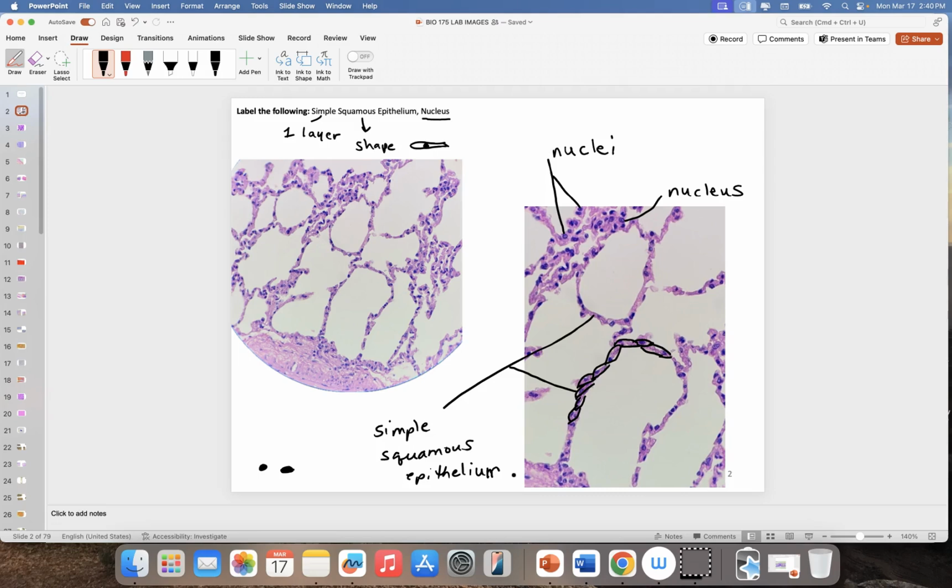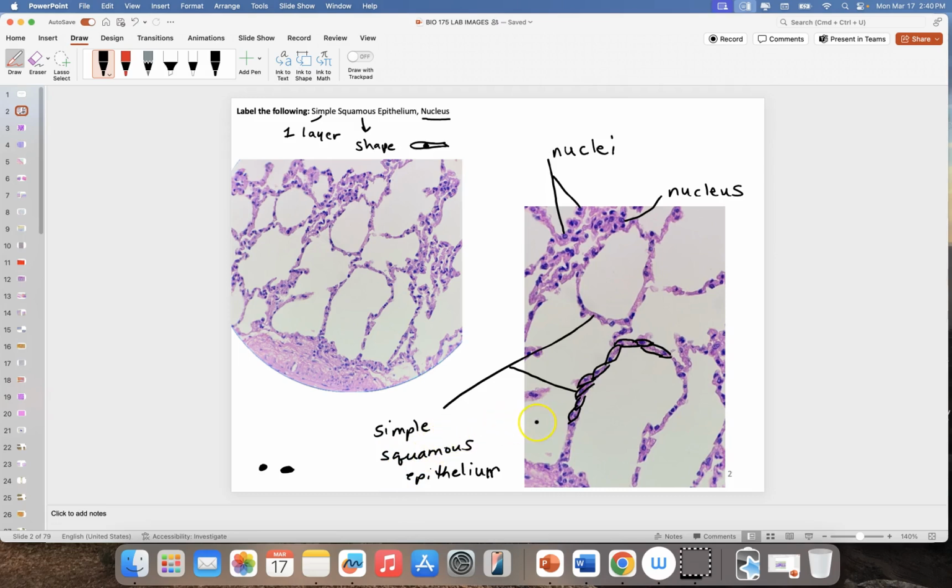Those linings are known as endothelium. There's lots of different places that we can see this in the body. It functions in absorption and secretion. It reduces friction, and it controls permeability. There's some additional information about our simple squamous epithelium.